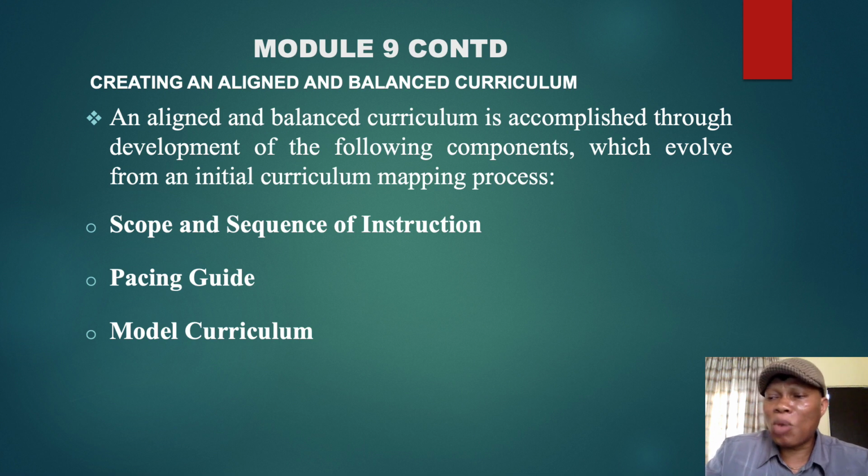The purposes of the scope and sequence are to build a basis for curriculum development, instructional strategies, and assessment practices, and to provide continuity of instruction from grade to grade.